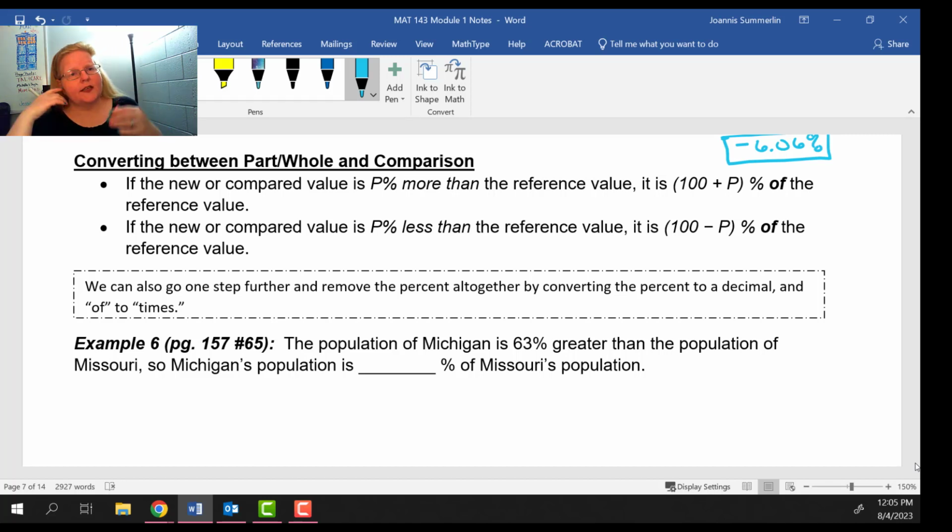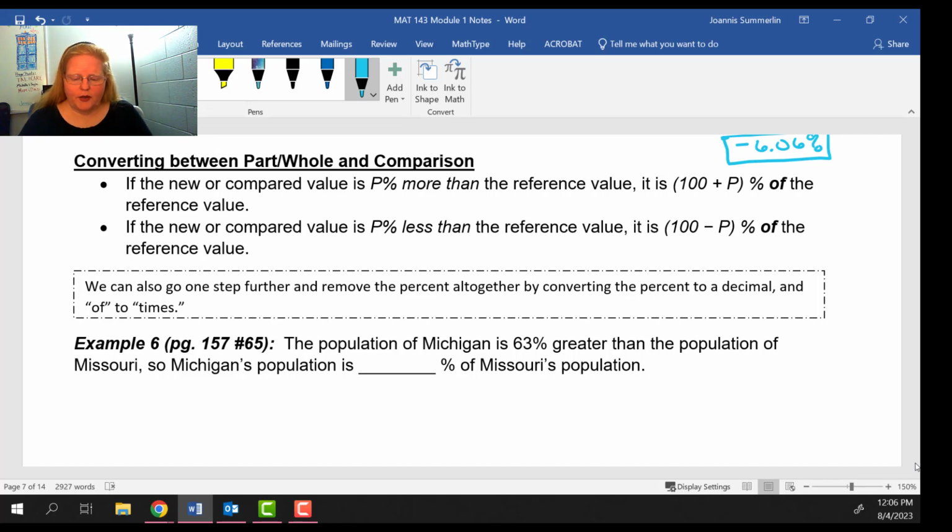If you have a discount and you discount at 30%, that means you're really only paying 70% of it. That's where they get that you're subtracting it from 100. If you're paying 20% tip, then you're paying the whole bill plus the 20% tip, so you're paying 120%. That's where they get that from.